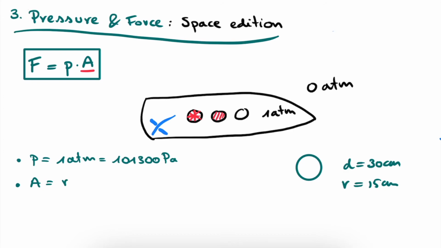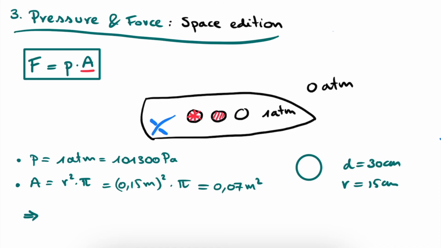We simply have r squared multiplied by pi, since it's a circular window. This is of course 0.15 meters squared multiplied by pi, which turns out to be 0.07 meters squared.